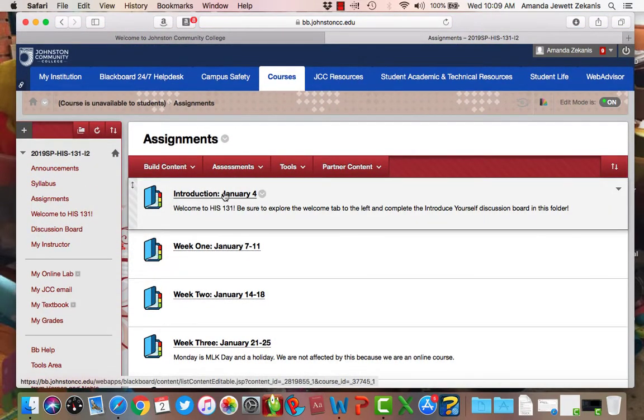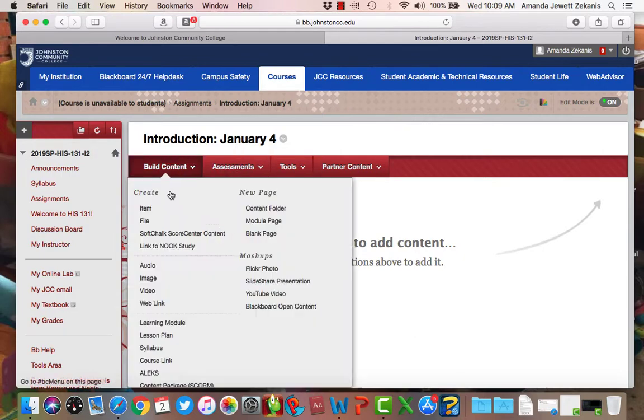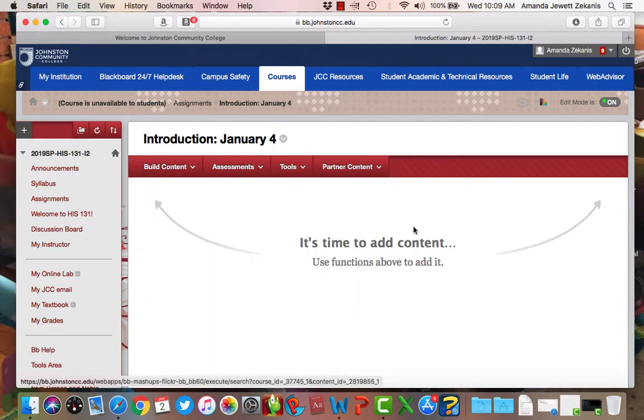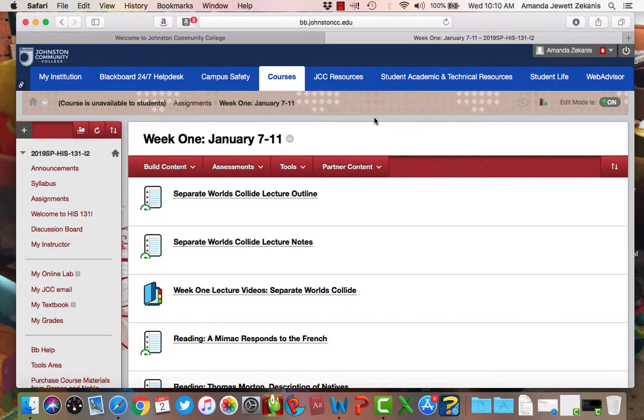So if we go to the introduction, by the time you get to this, there will actually be a discussion board in here. What you'll want to do is click on this and introduce yourself in the introduce yourself discussion board that's in there. For week 1, remember, the introduce yourself discussion board and week 1 are both due by January 11th.